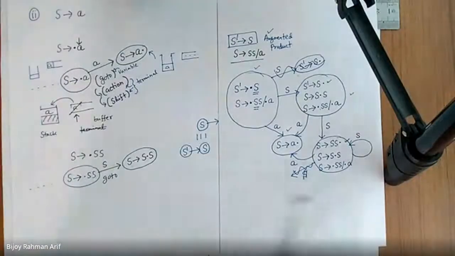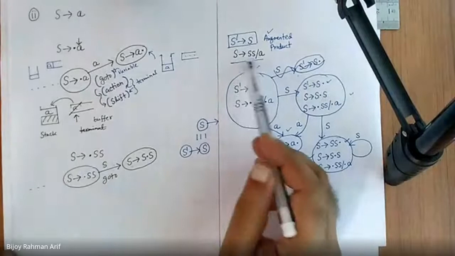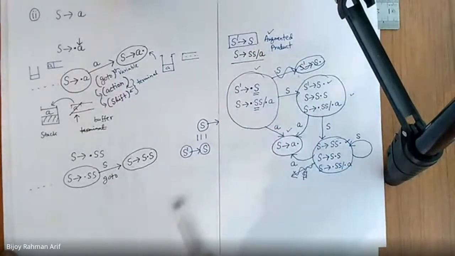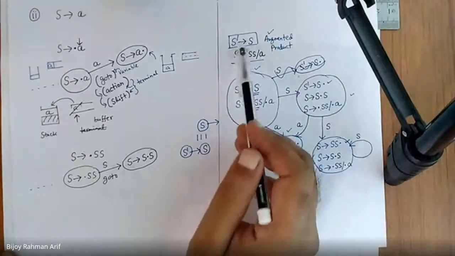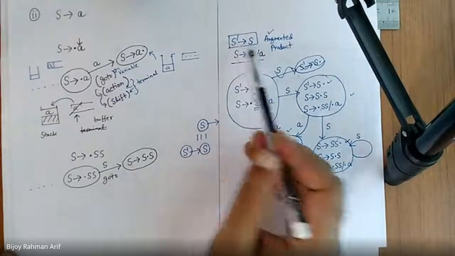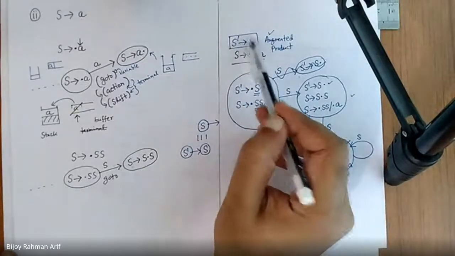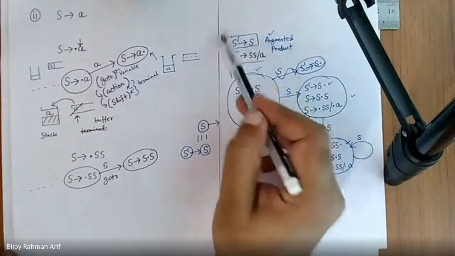Okay. So let's take this grammar. S derives double capital S or A. Before starting, we have to add a special type of production which is called the augmented production. So S' derives capital S. Why do we add this augmented production?